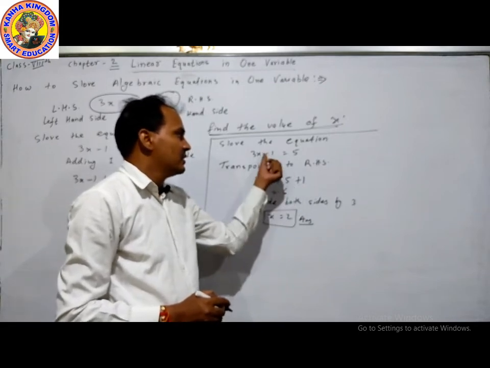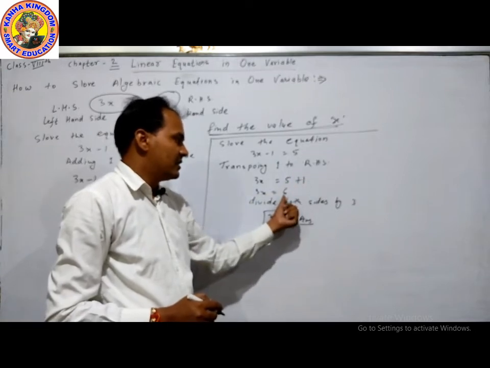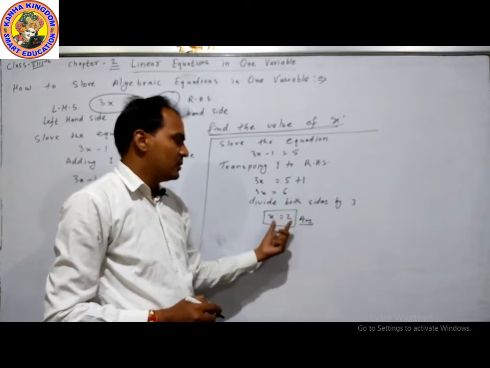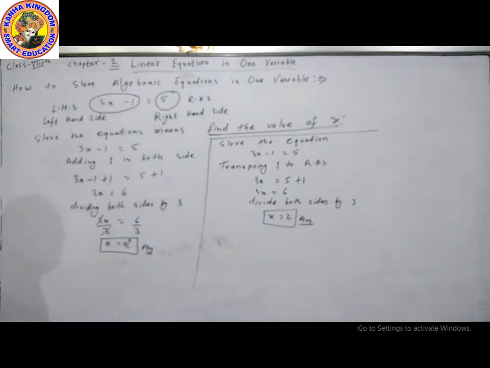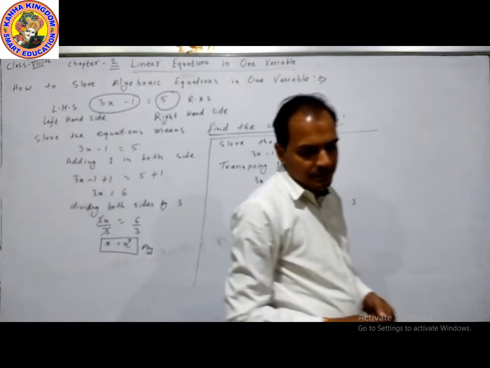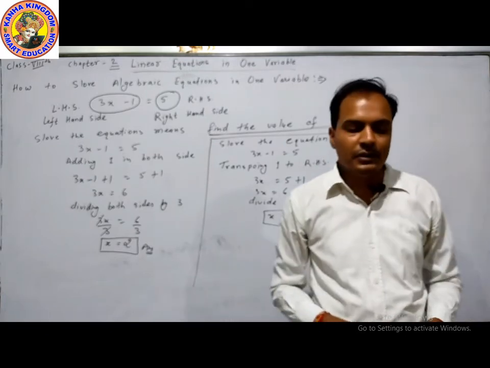Then 3x, 5 plus 1 is 6, divide by 3, this answer is x, this answer is 2, x is equal to 2 is our final answer. So student, this is a simple example. In another part we taking question on exercise.